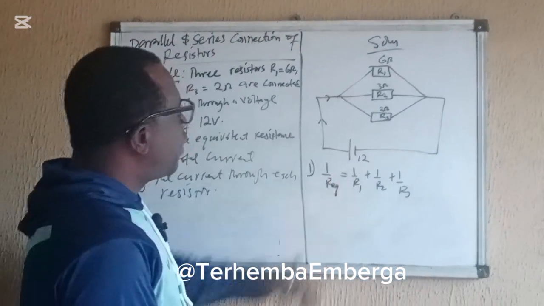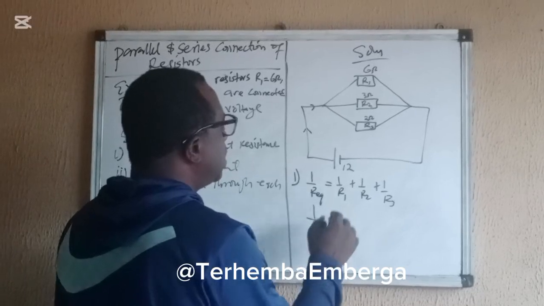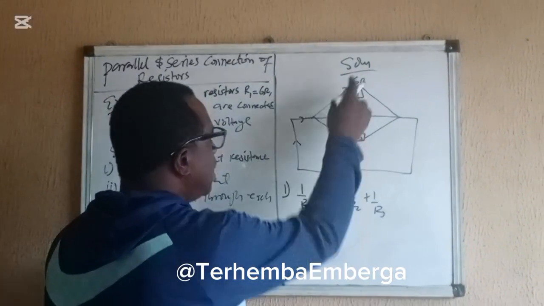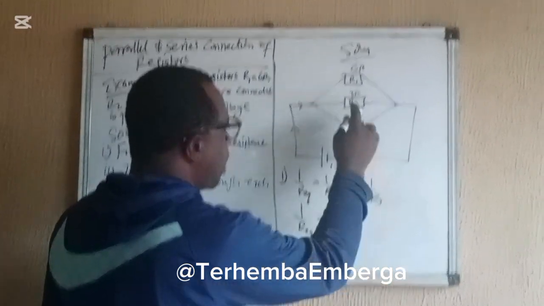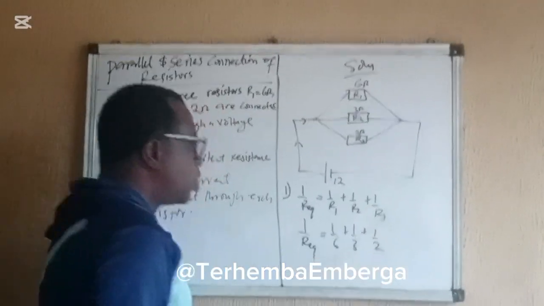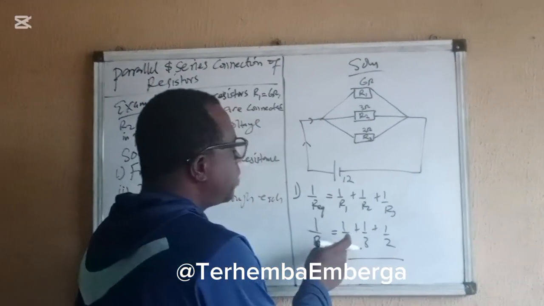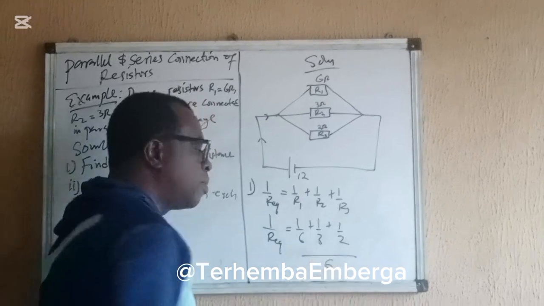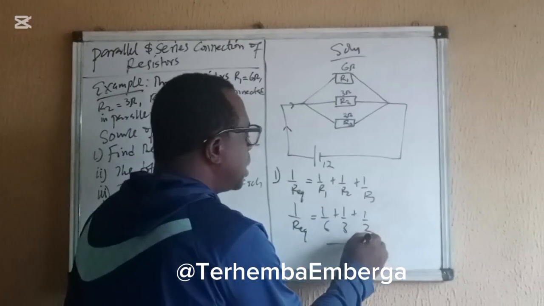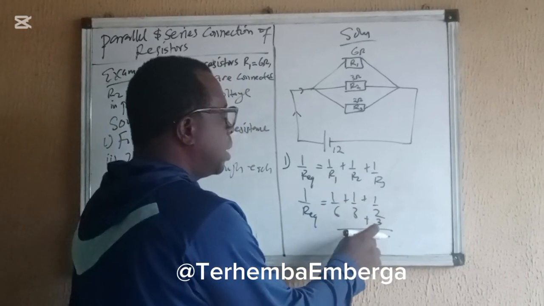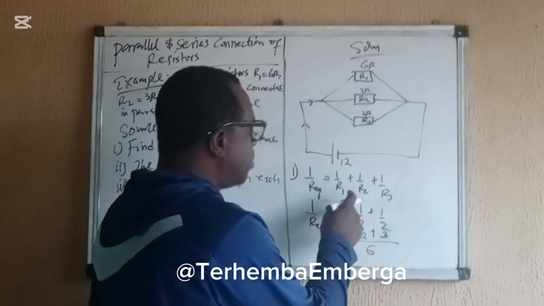So we now substitute these values here. 1 all over R equivalent means 1 all over 6 plus 1 over 3 plus 1 all over what? 2. So if you have something like this, you need to take the LCM. And the LCM of 6, 3, and 2 is 6. So 6 divided by 2 is 3 times 1 is 3, plus 6 divided by 3 is 2 times 1 is 2, plus 6 divided by 6 is 1 times 1 is 1.